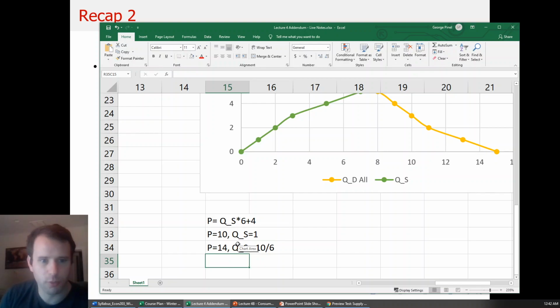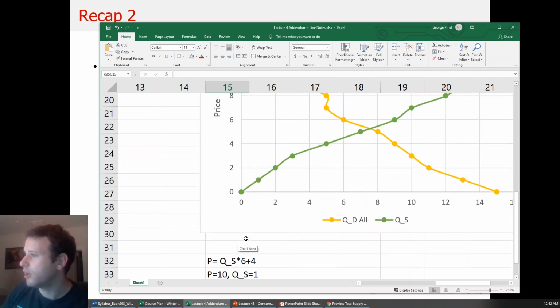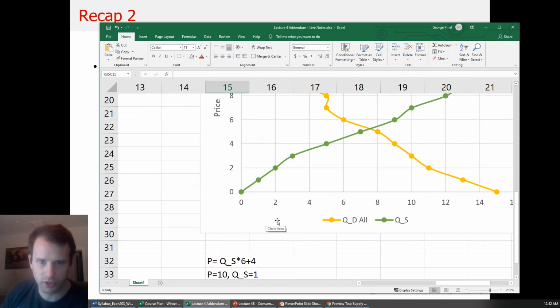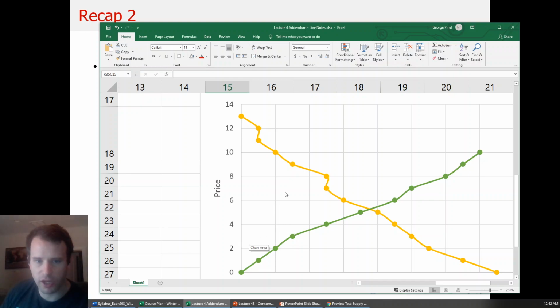So when I change the price, and let's say this is my supply graph, from like 3 to 5 or something like that, I'm shifting along the graph. I'm moving along the pre-existing supply graph.